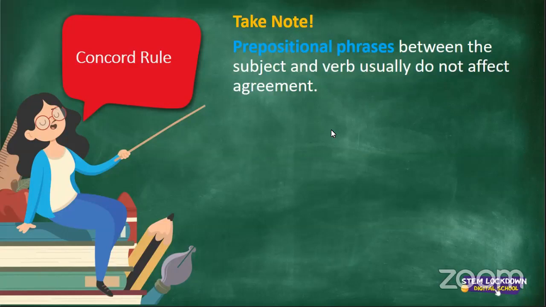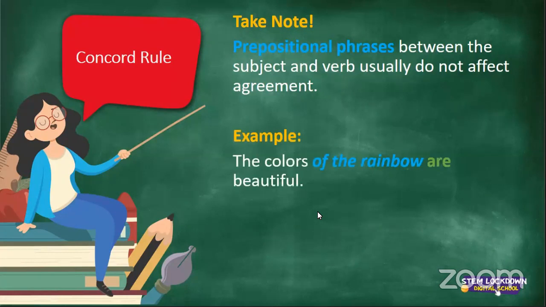So the colors of the rainbow was a clear error with the previous Instagram post. You guys remember this post? Just to go back to it quickly. It's the colors of the rainbow are beautiful.